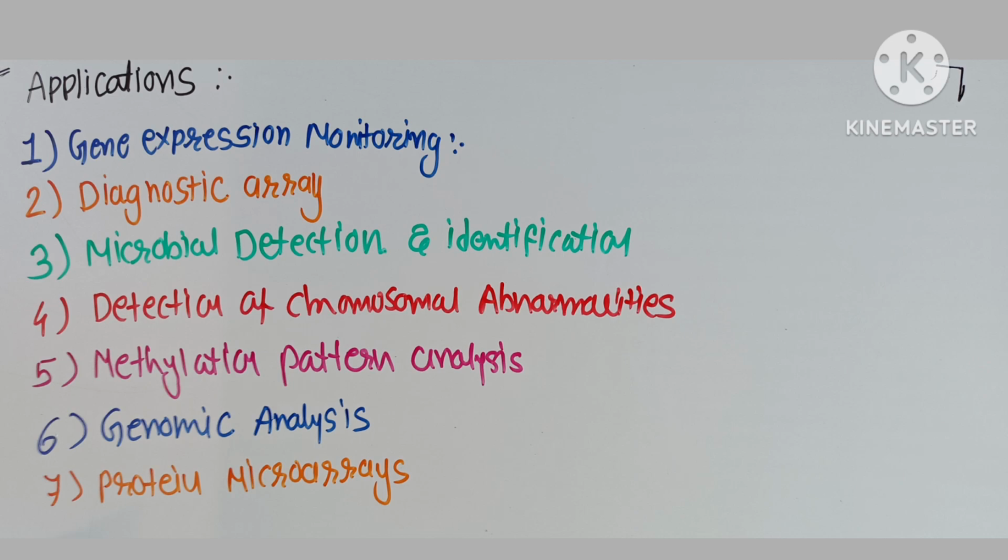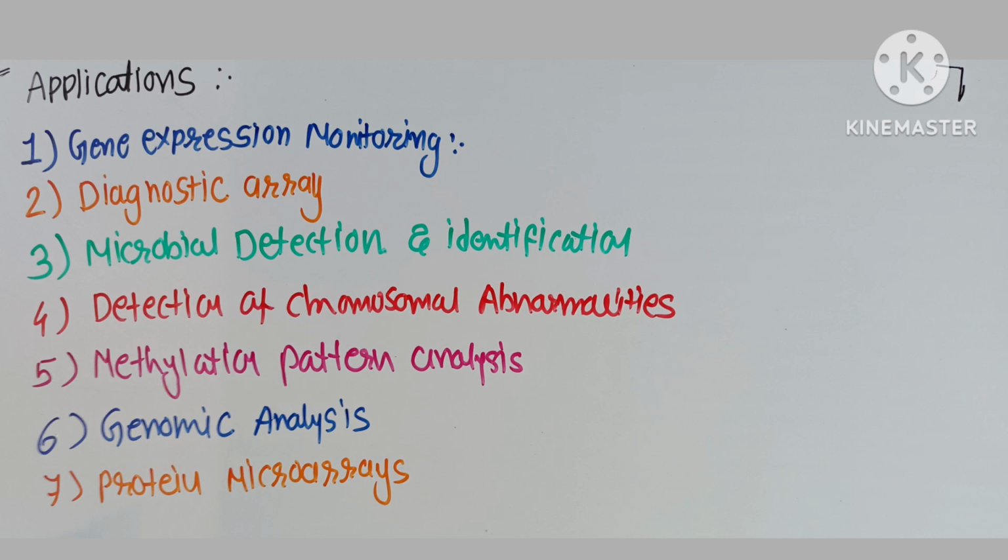Then second, diagnostic arrays. Diagnostic assays play an increasingly important role in the treatment of disease. So that kind of array is also used for diagnosis. Then microbial detection and identification.